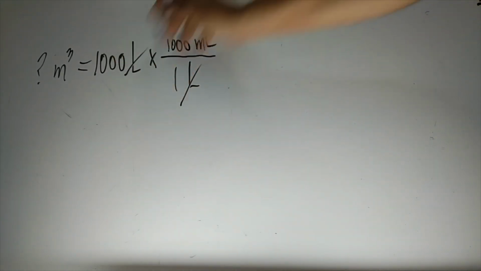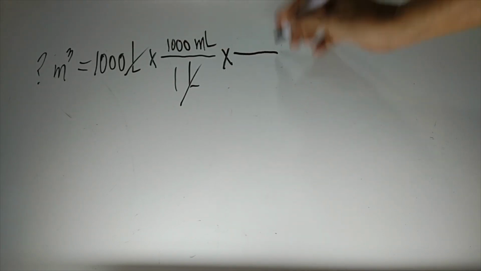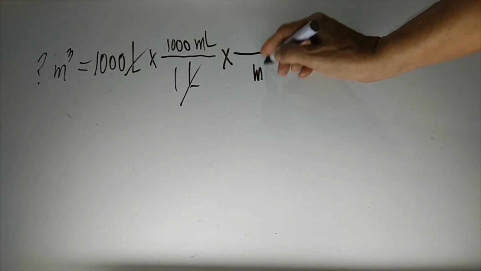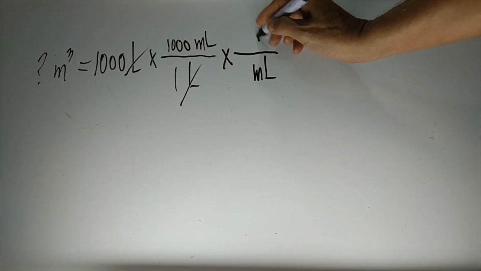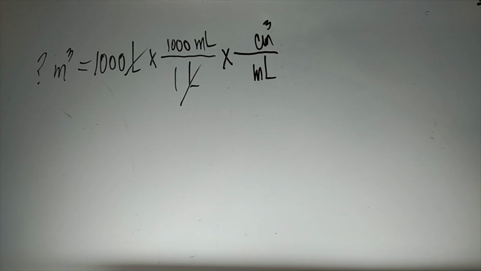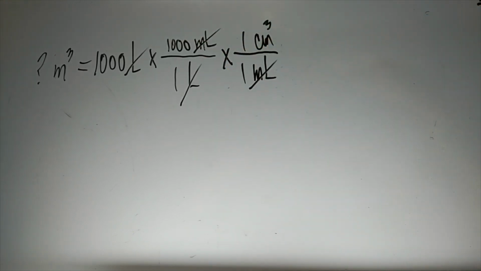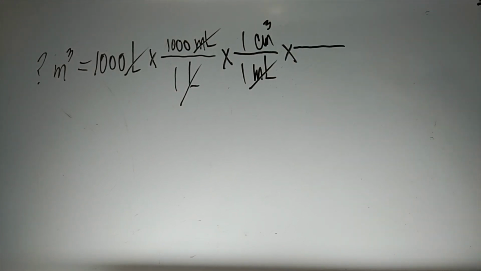So cancel the liter. Continue. The conversion factor will be milliliter at the bottom and cubic centimeter at the top. So the ratio is 1:1. Cancel milliliter.